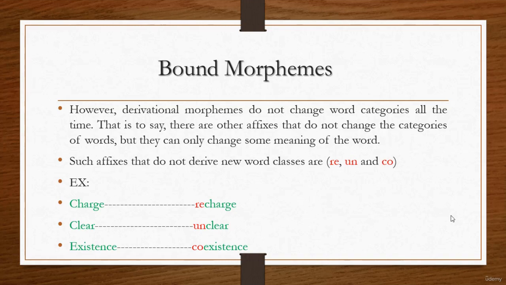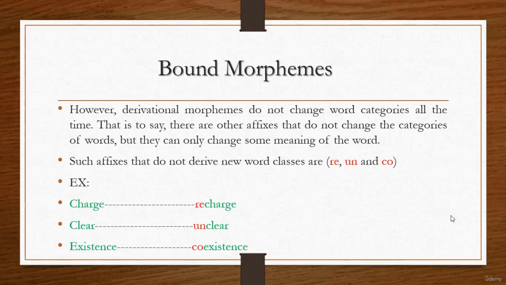For example, charge is a verb, and recharge remains a verb. It doesn't change category, only the meaning. We add the prefix re-, which means we recharge it over and over again. It gives us a new word, but does not change the category from one part of speech to another.